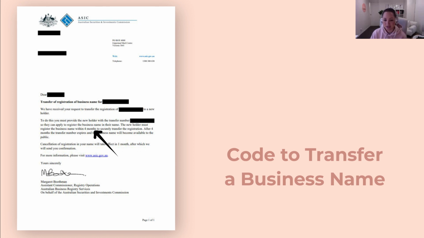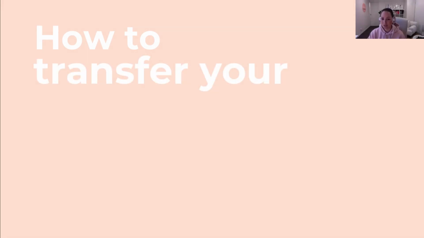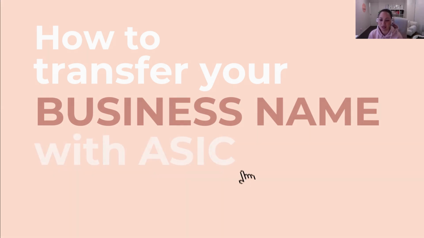There's a deadline to transfer the business name in, which is 4 months, and that's pretty much it. This is the important document I was mentioning, and the email needs to be correct so it comes to you to then give to the new business owner, or to complete the transfer steps yourself.